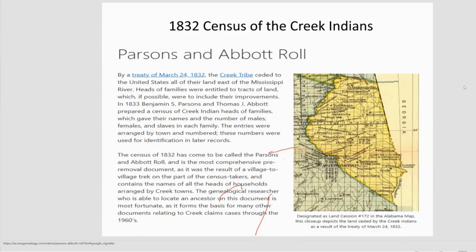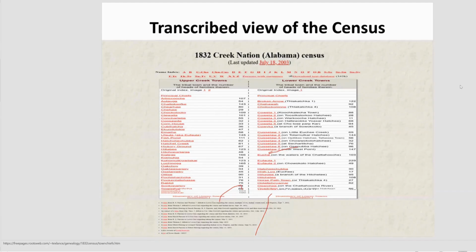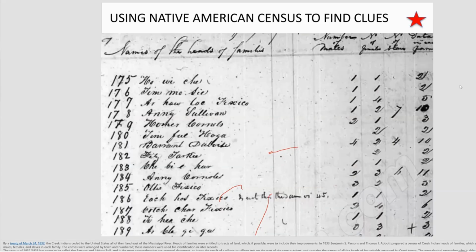So the 1832 census is called the Parsons and Abbott Roll. That was the name given to it by the two individuals who were tasked to take a census of all of the people. Over time, I actually had a copy of that original census, and it drove me crazy because I was like, what are these names? I don't know how to read this.